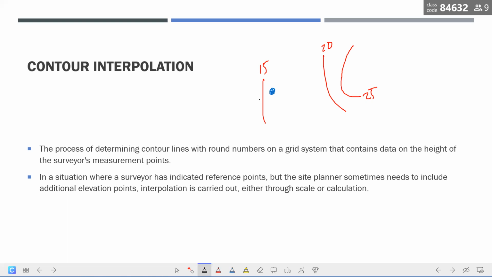So the interpolation process usually involves determining the distance between two contour lines, then determining the reference point's position along this line, and then calculating the height according to the distance of the point between the two lines, if that makes any sense. So interpolation is more or less like that.